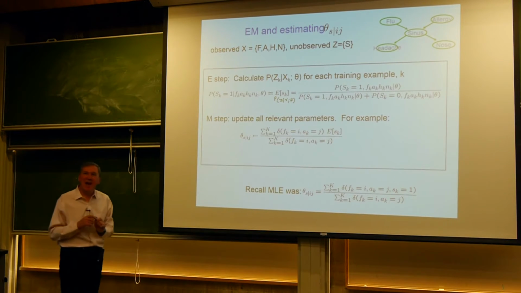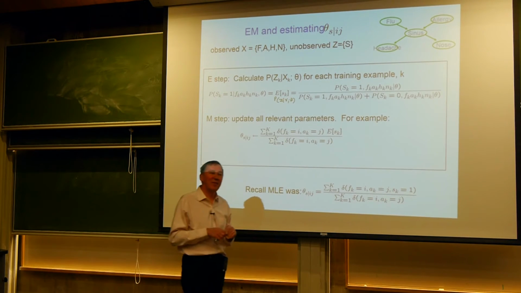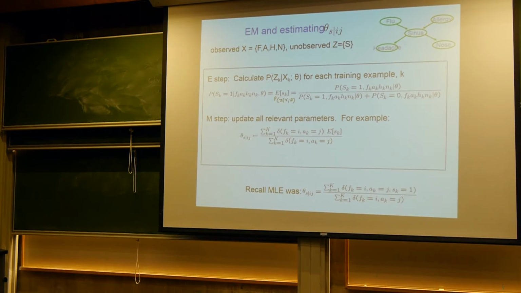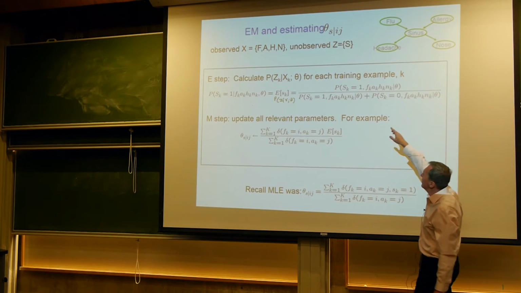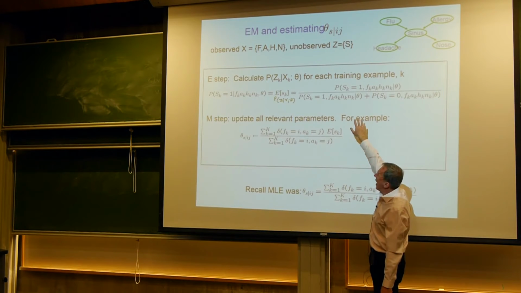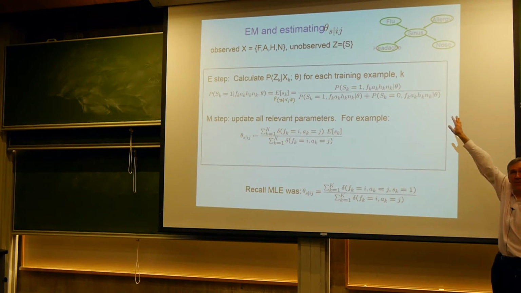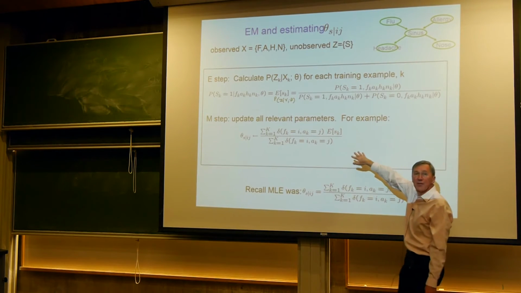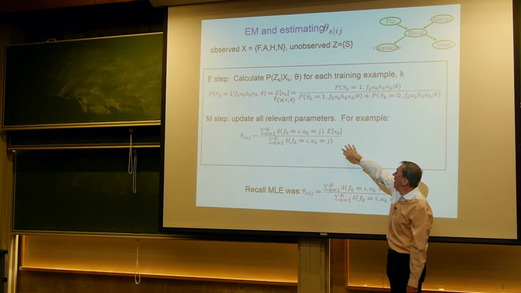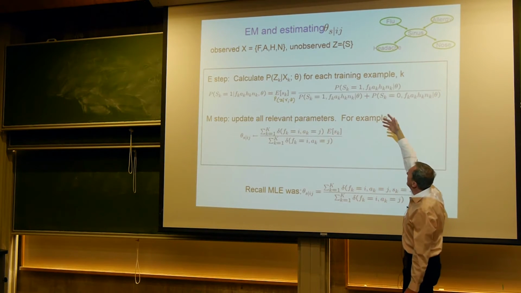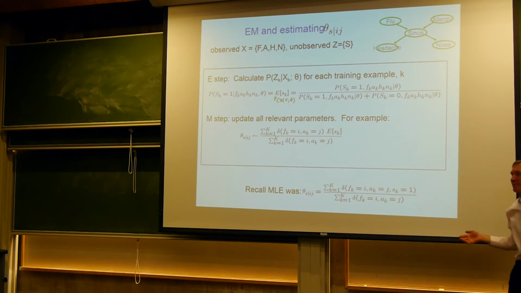So if we ground this out in our particular example, if you were ever asked to implement an EM algorithm, say for this network, what you'd have to do is figure out how to do the E step for your particular network, and then how to solve for the theta that maximizes the Q function.